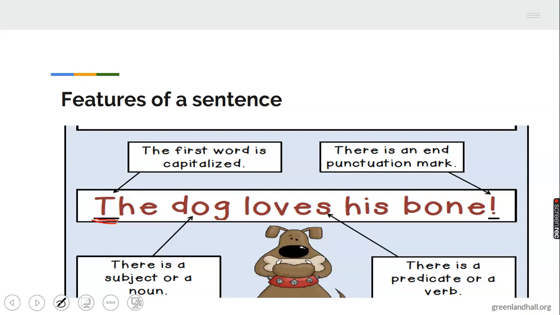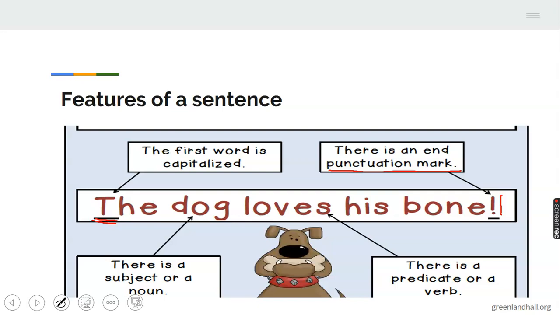Then there is an end punctuation mark. It might be an exclamation mark that we have here. It can be a full stop. It might be a semicolon. Something has to be at the end of the sentence, most commonly a full stop or an exclamation mark.